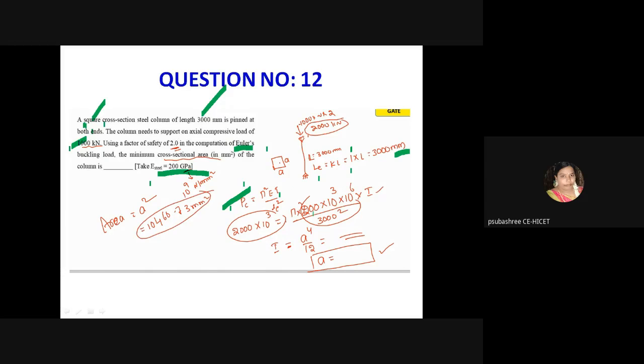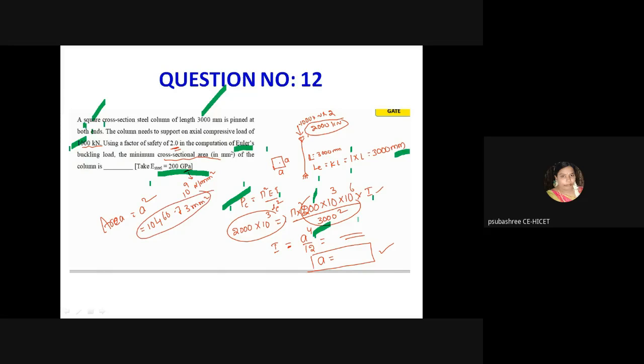So E, Young's modulus for steel, 200 into 10 power 3, since you should convert gigapascal to megapascal, into I. Because it is a square, what is the formula for moment of inertia for a square section? A power 4 divided by 12, divided by LE square. Effective length is equal to K into L, 3000 mm.